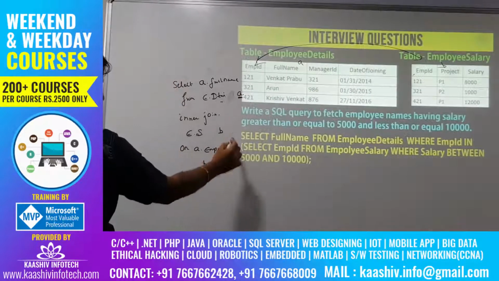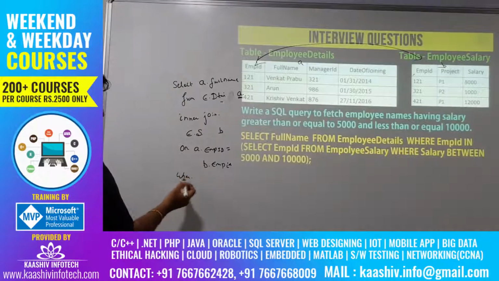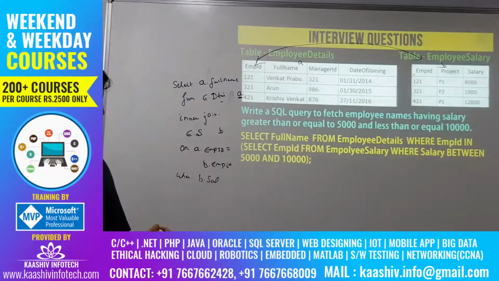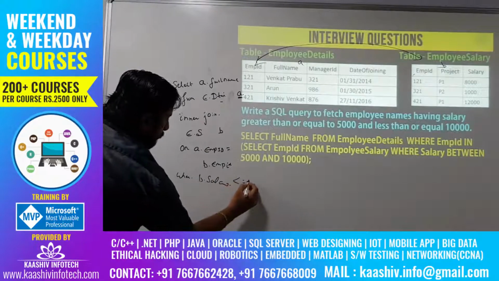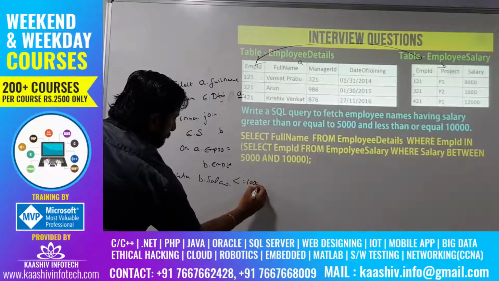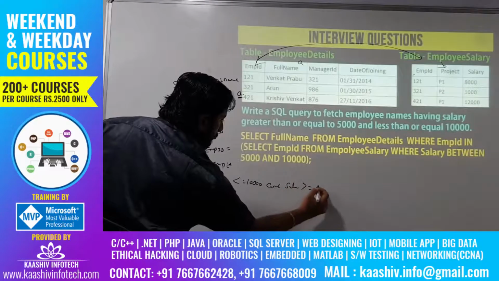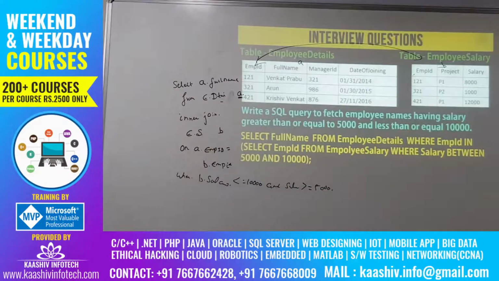Now we need to add the condition where B dot salary is less than or equal to 10,000 and salary greater than or equal to 5,000. This is the third way of writing the query.